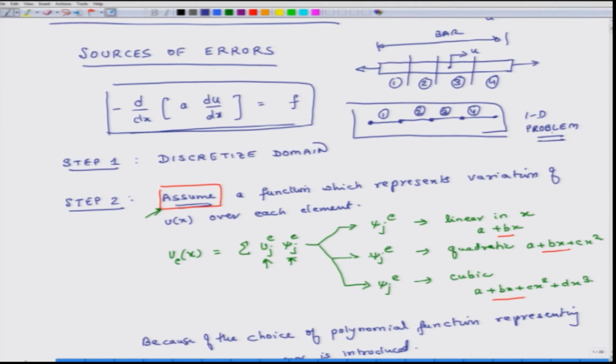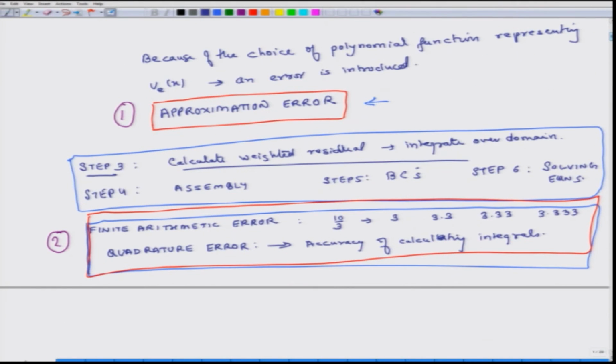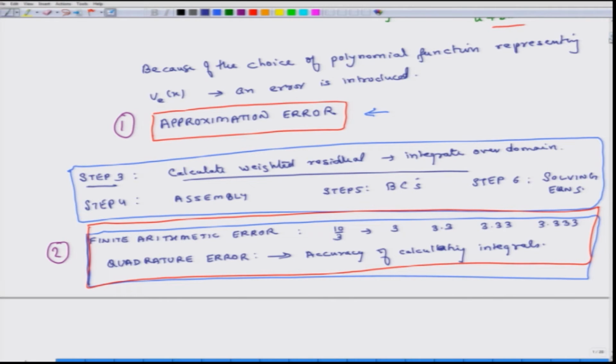Okay. So, in one dimensional problems, it does not matter whether it is a second order equation or fourth order equation. In one dimensional problems, we have primarily two types of errors. First one is approximation error, the other one is computational error, which can be of two types, finite arithmetic and quadrature.